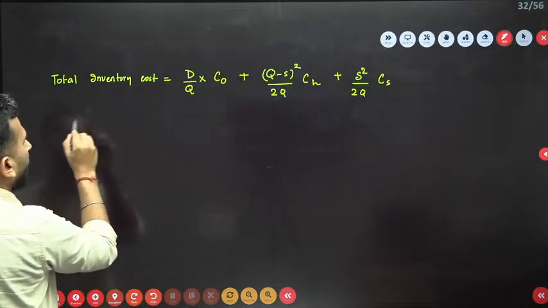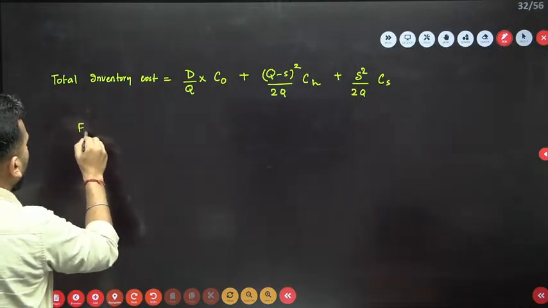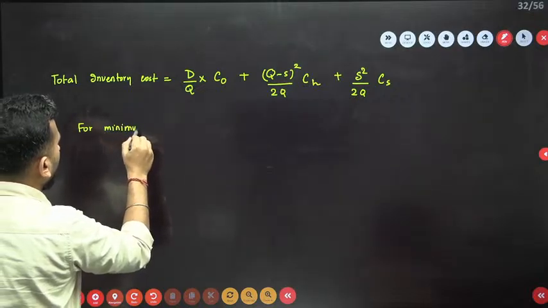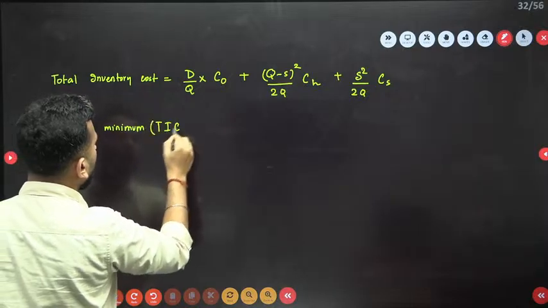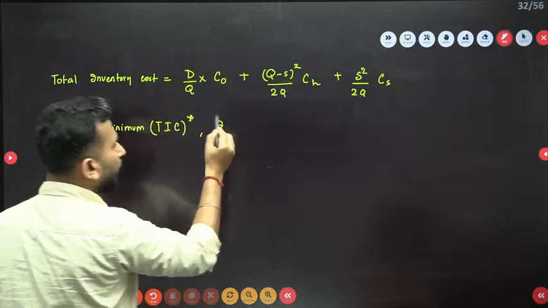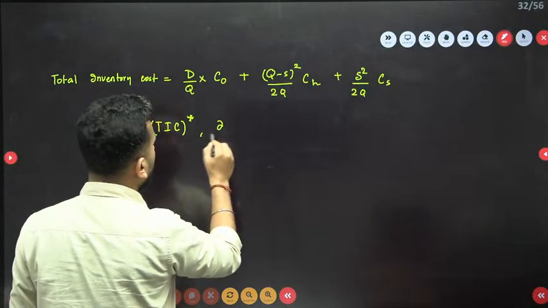So for minimizing, you have to differentiate. For minimum total inventory cost, two variables are there, so you will apply partial differentiation.